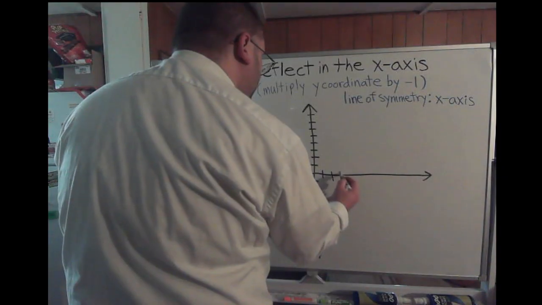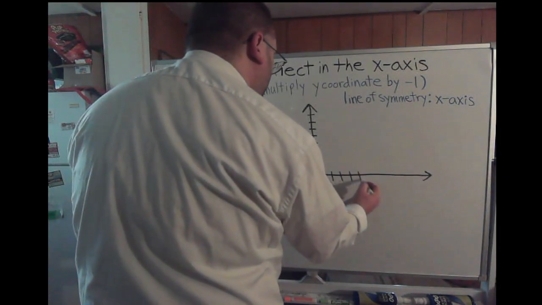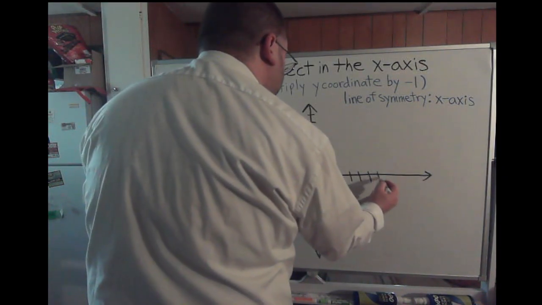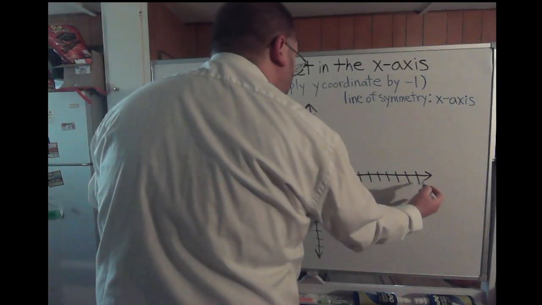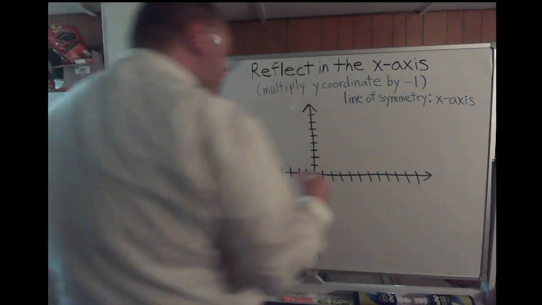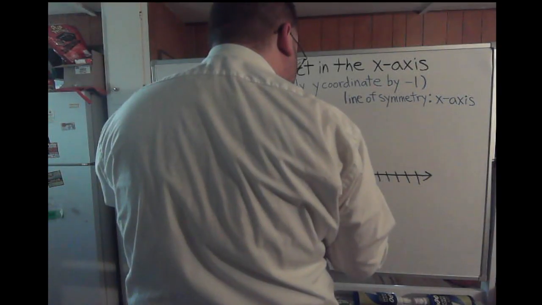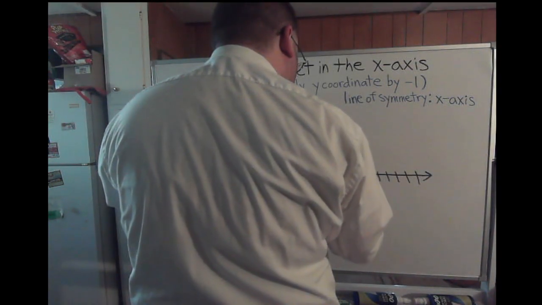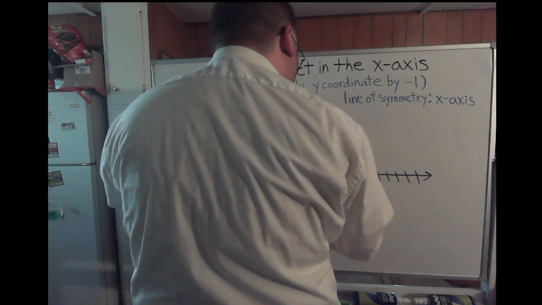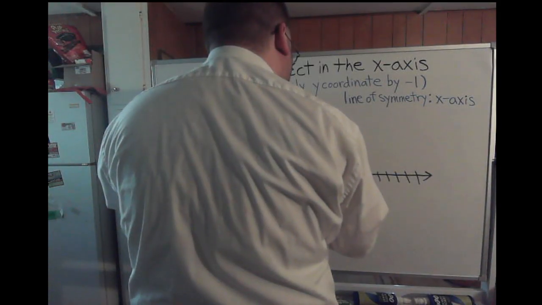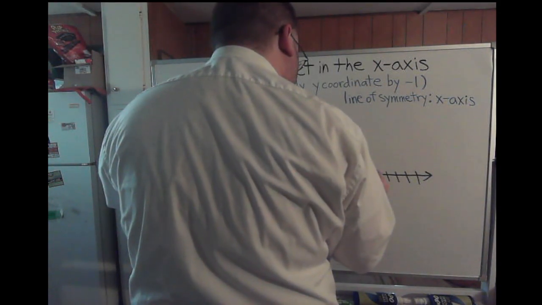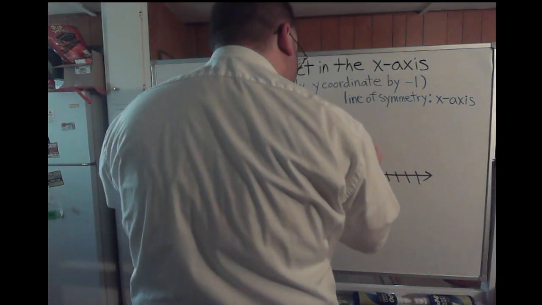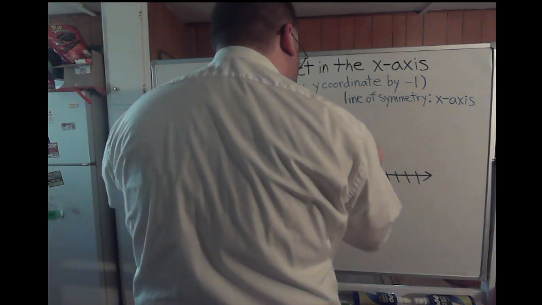Just got to make sure I have sufficient points for the coordinate plane on each axis. Alright. Let's say here we got 3, 3. That'll be A. 5, 5. That'll be B.